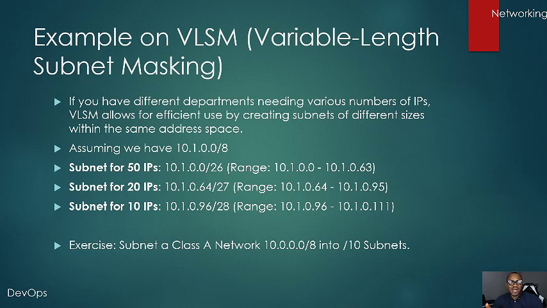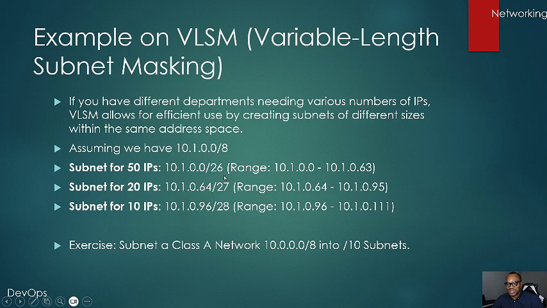That's not enough for our 50 IP addresses. So the next one is 2 raised to power 6, which is 64. So we need 6 bits to get 50 IP addresses. If you remove 6 from 32, that will give you 26. So our CIDR will become /26.